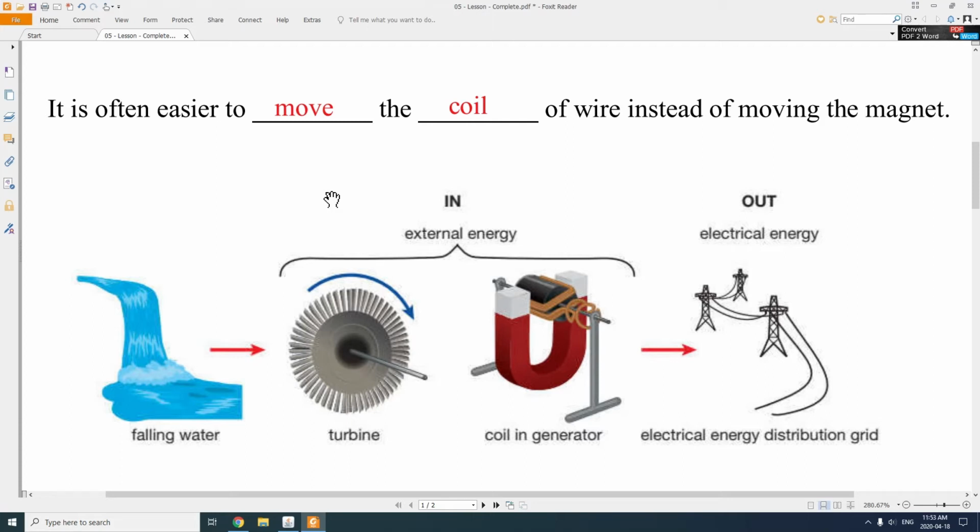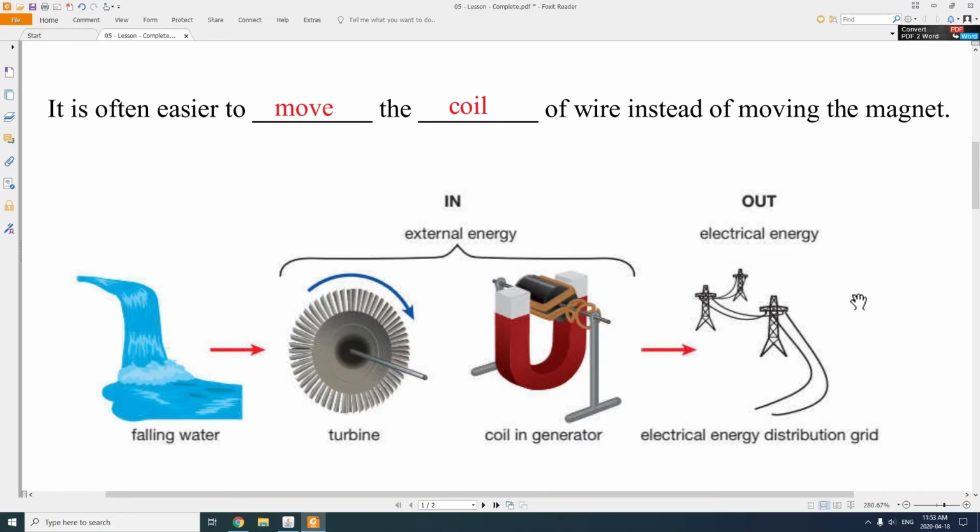You could use wind to just spin the turbine. You could use radioactive material to boil water and then push the turbine with the steam. But you'll notice that all we're doing is changing how we're spinning this wheel, how we're spinning the turbine. And then in all of these cases, you attach that turbine to your coil of wire, you move it past the magnet, and that starts to move the electrons in the wire.